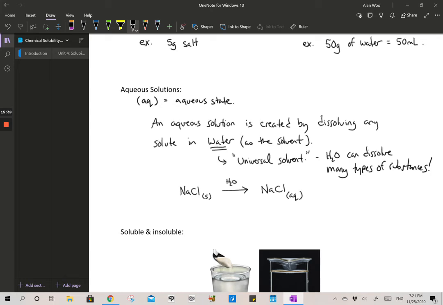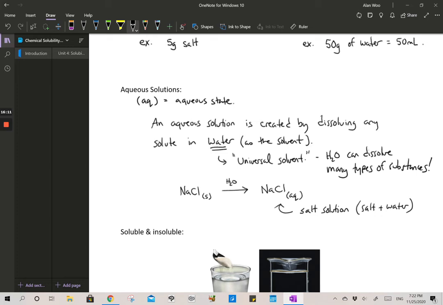Having the aqueous here tells people that this is a salt solution because it's salt mixed in with water. Okay, so you're going to see this type of state quite often in this unit. Okay, it's all about making different types of aqueous solutions.